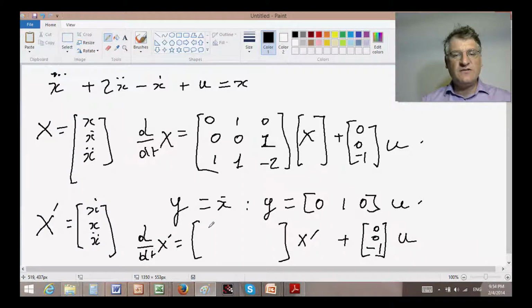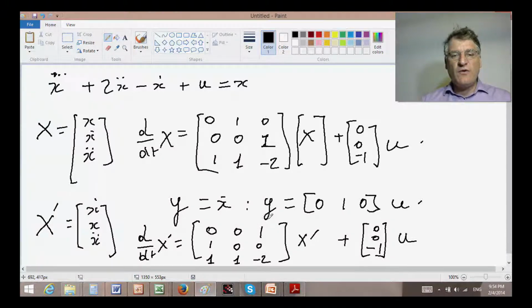So d dt of x dot will be 0, 0, 1, which pulls out properly x double dot, but d dt of x will be x dot, so this will be a 1, 0, 0, and d dt of x double dot will be, in this case, x triple dot, which is, on the one hand, plus x dot, on the other hand, hold on a second here, plus x, and minus 2x double dot.